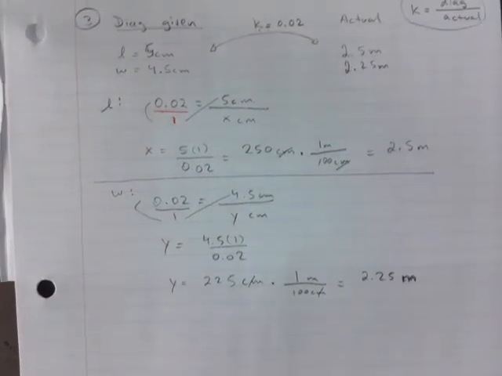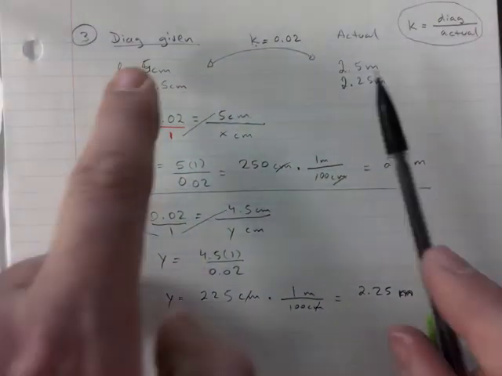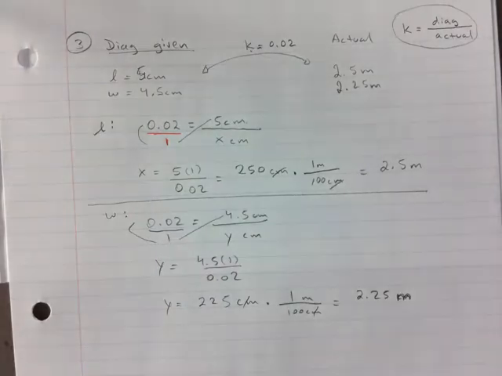So now you know both of them in that way. Does that make sense? Don't you like the over one thing? It makes it easier. It's like, oh, okay, I see the proportion there now. So make sure you understand that.